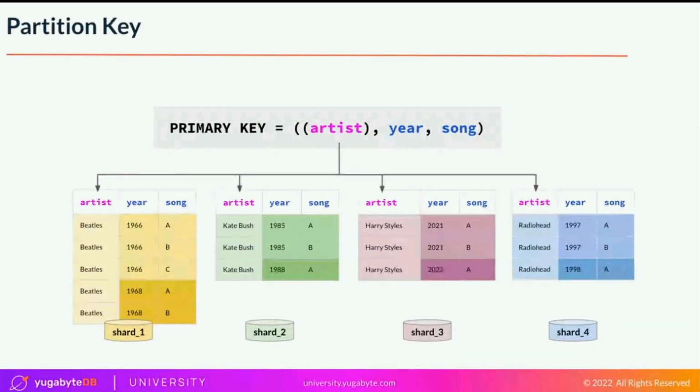In YCQL, shards are organized based on the values of the partition key. In this example, the artist attribute is defined as the partition key, as identified in the inner parentheses. If there are no inner parentheses in a primary key definition, then the first attribute is identified as the partition key. The year and the song attributes are the clustering keys.